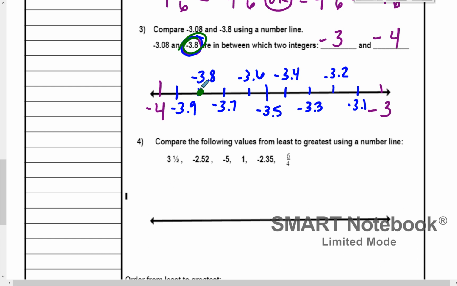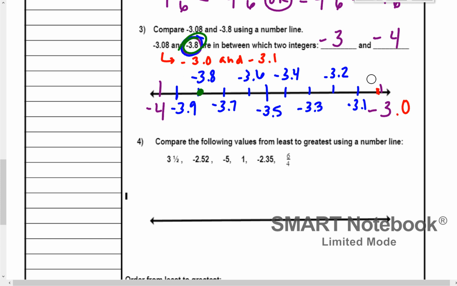All right, now we want to do -3.08. And let's break that down a little bit more. What decimal is -3.08 in between? Well, that's going to be in between -3.0 and -3.1. Okay, right here is -3.0, because remember 3.0 is the same thing as just 3, and 3.1 right here, we could count tenths. My marker is going to be too big to do this.